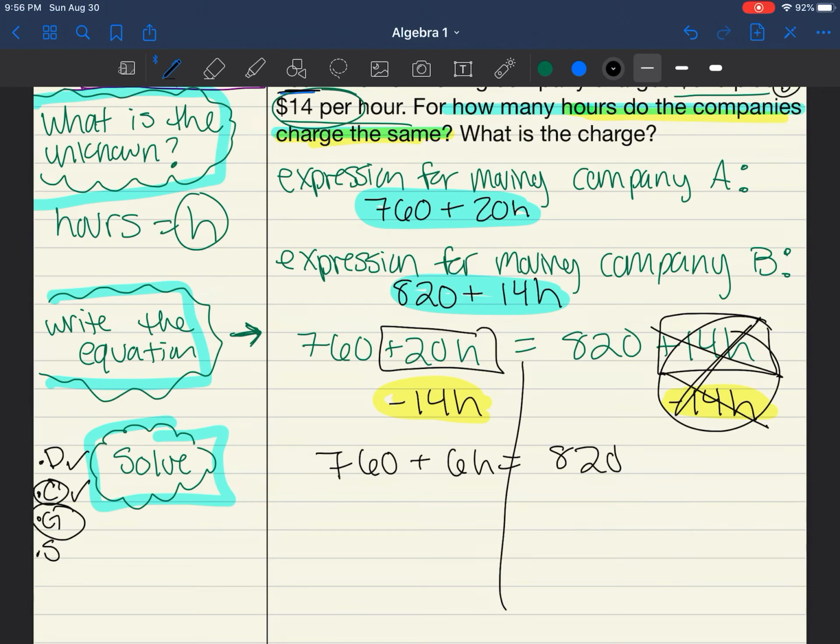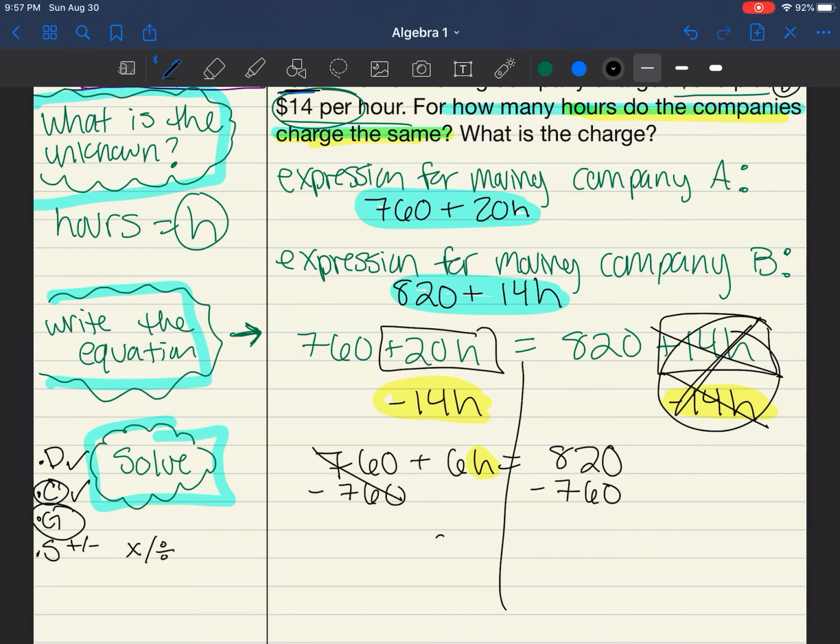Alright, now this last step is solve. So usually that's adding, subtracting, and then multiplying or dividing. So here's my variable, and so we want to focus on that and isolate it. So first I have to subtract the constant. I subtract it because it's positive.